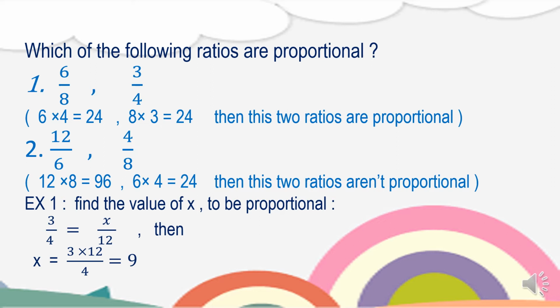When I have all the extremes, I multiply them and divide by the only mean I have. So x equals 3 times 12 over 4 equals 9.